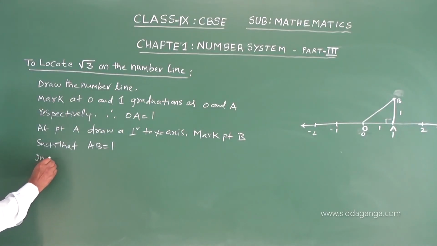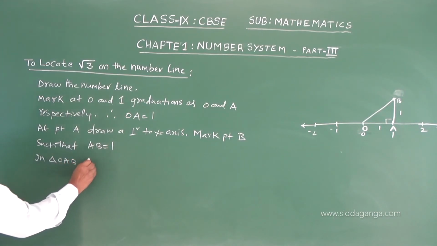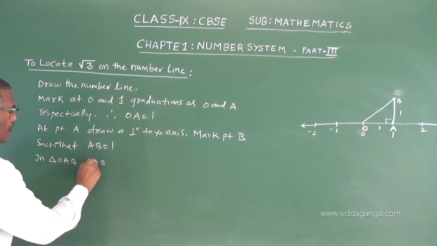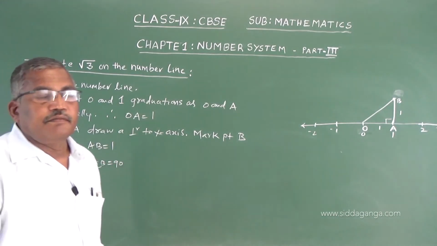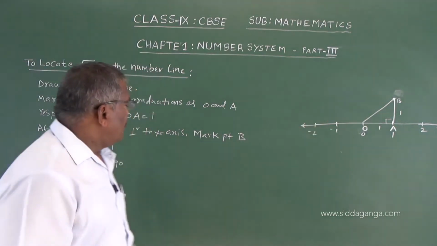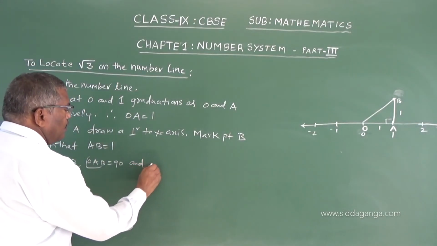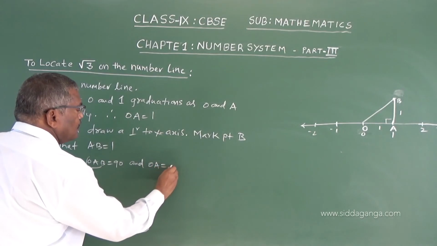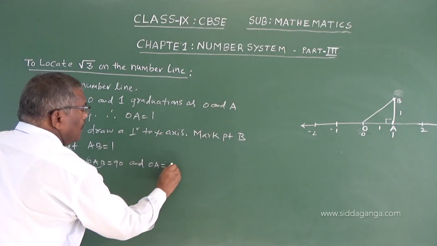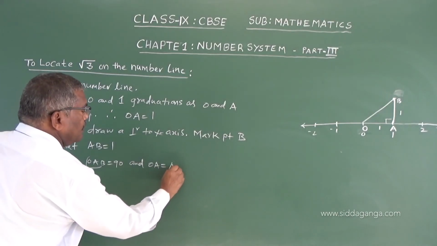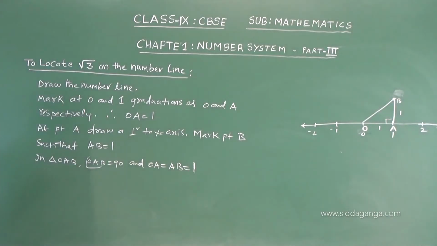In triangle OAB, angle OAB equals 90 degree, and OA equals AB equals 1 unit. Both are 1 unit.